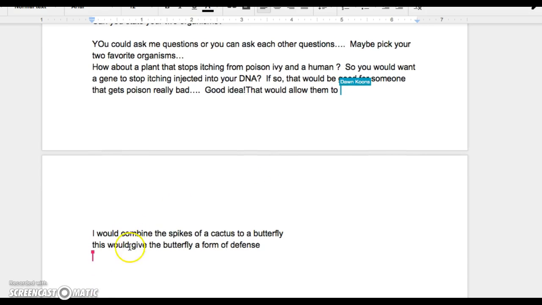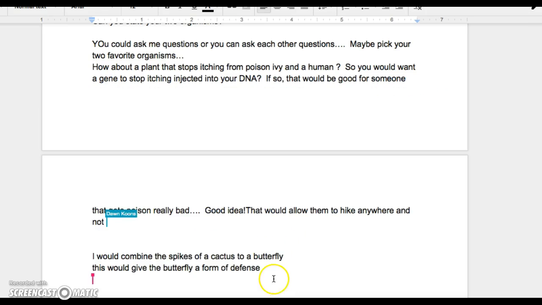And down here, Tim's saying I would combine the spikes of a cactus to a butterfly. This would give the butterfly a form of defense.